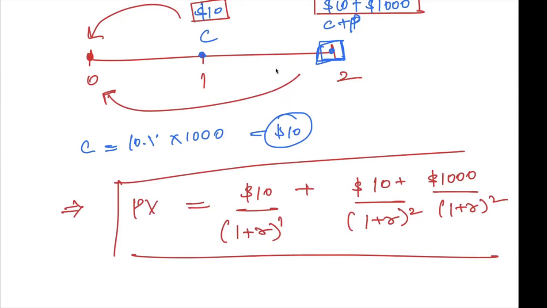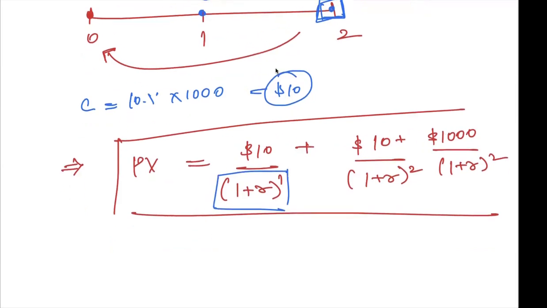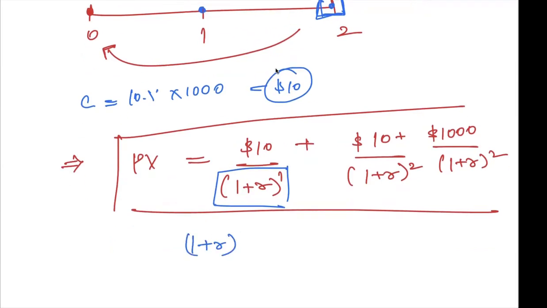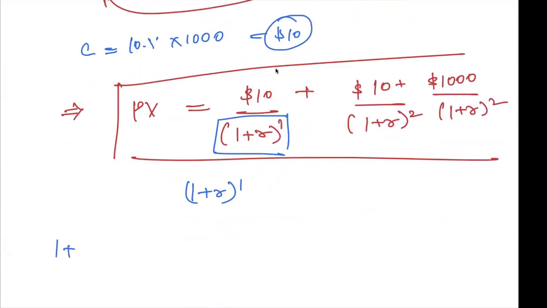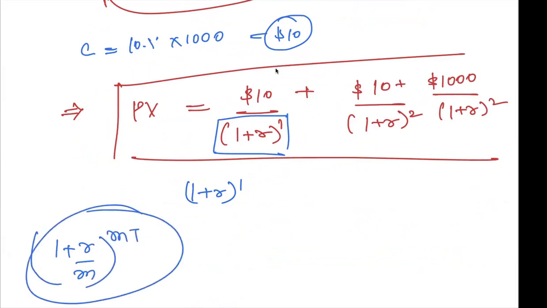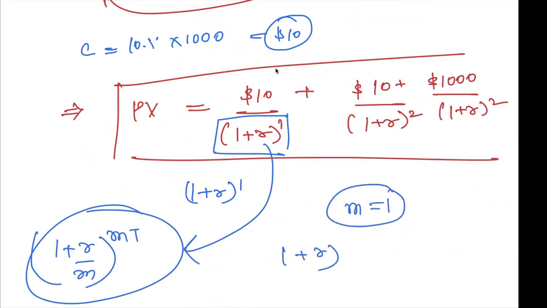Now tell me one thing. Here I have written 1 plus r raised to the power 1. Why have I written this? Always remember the formula will be this only. Because it's annual compounding, m is 1. So this becomes 1 plus r raised to the power t, right?